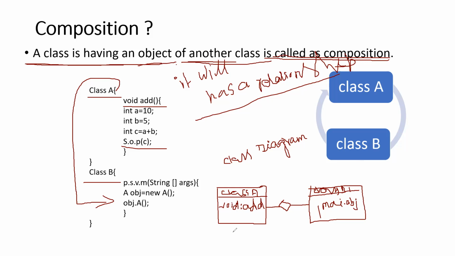Then after that, write here: this is the has-a relationship. After that, write the definition. Class diagram is a pictorial representation to represent the members of the class.